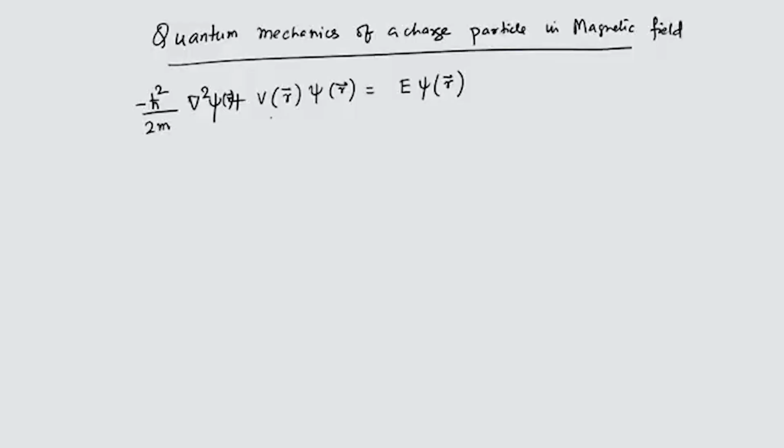Now we are going to solve the same problem, and we are going to put V equal to 0, because we assert that there is no interaction that needs to be taken into account. Even if it is there, it is very small and can be ignored. And now you have to somehow include the presence of the magnetic field.